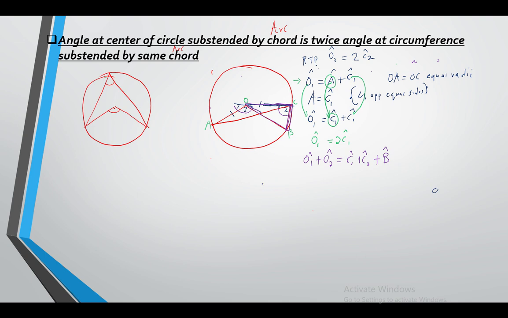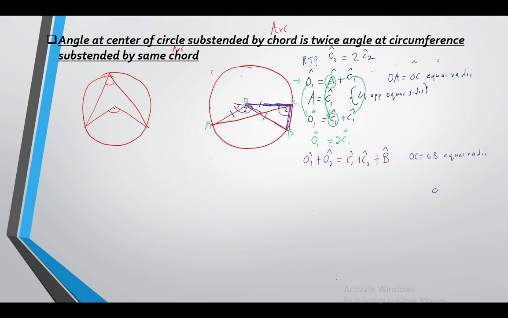But we know that OC and OB are in the same triangle OCB. In this triangle, you know that OC and OB are equal. I will put another tick here. So OC is equal to OB because they are both radii.